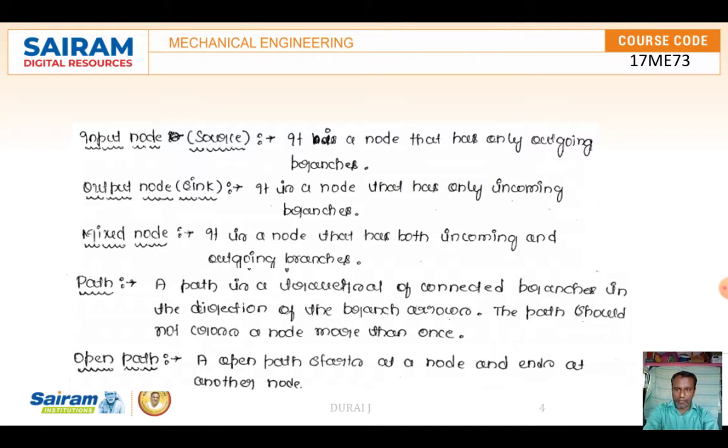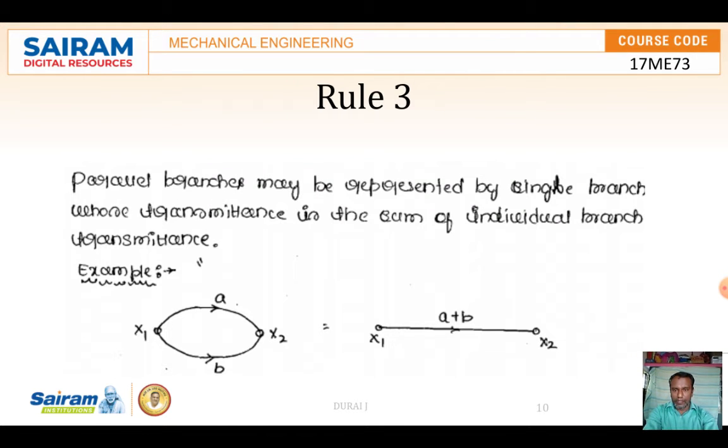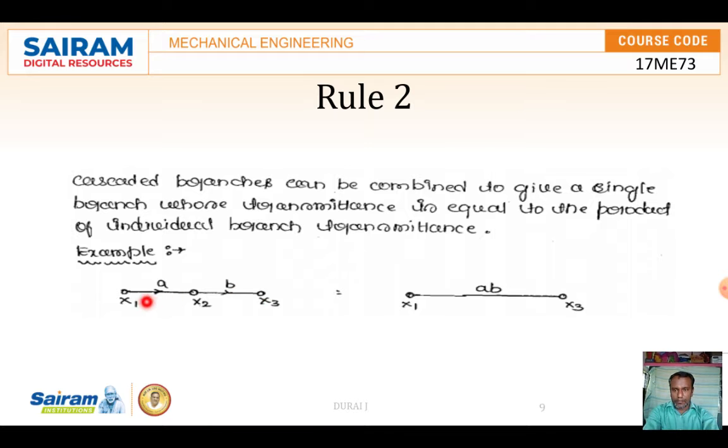Okay, check this diagram. There are three nodes, x1, x2, x3. So the x1 node sends the output branch, and the x3 node only receives the input branch. The x2 node receives an input branch as well as sends an output branch.